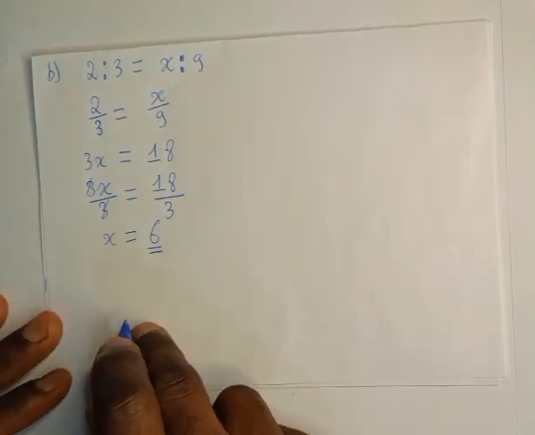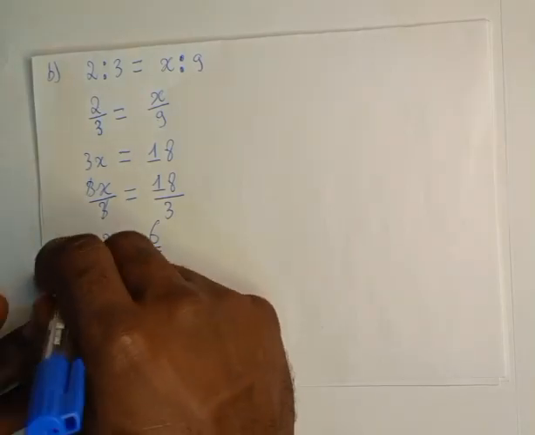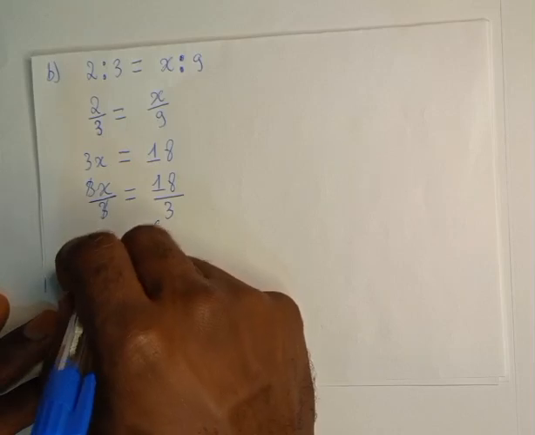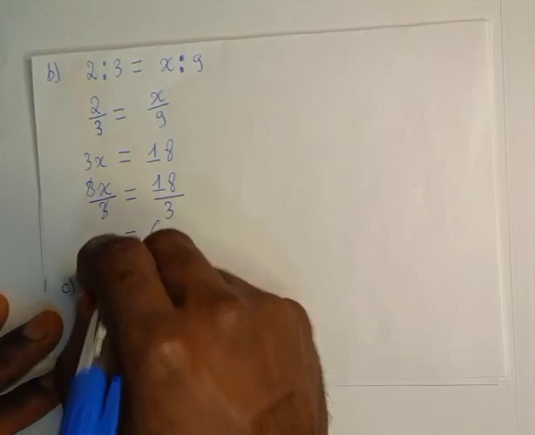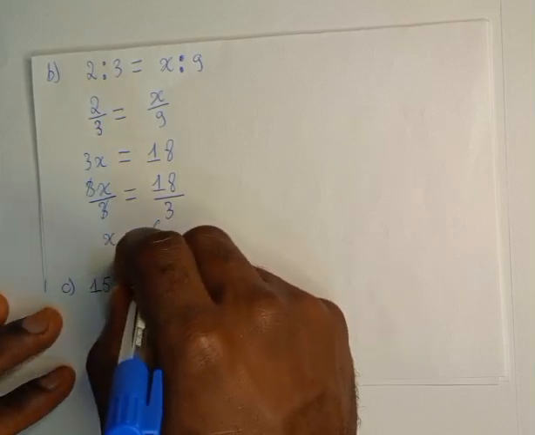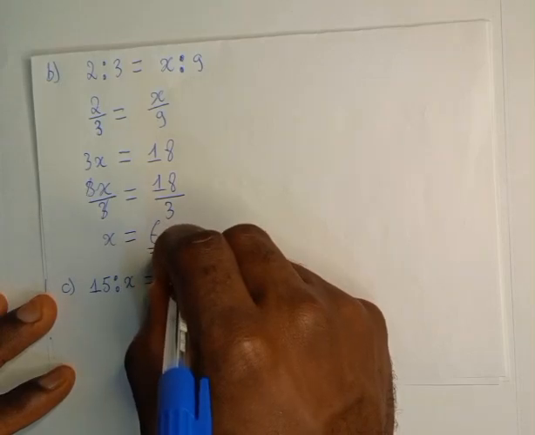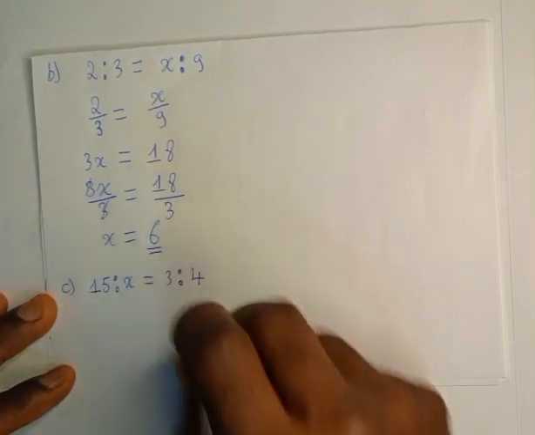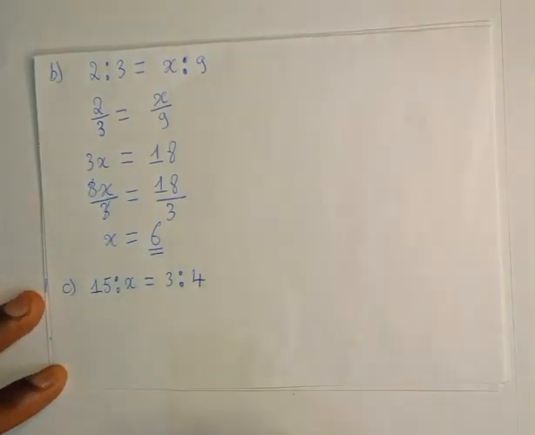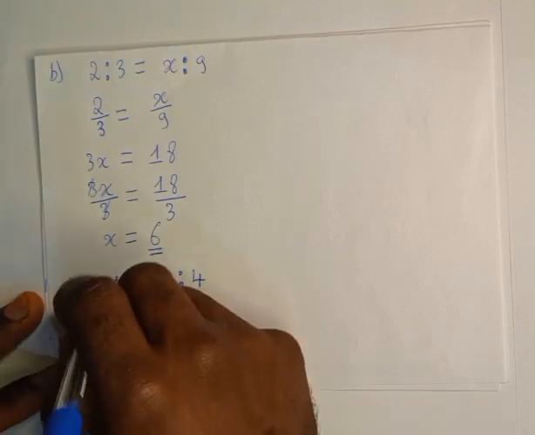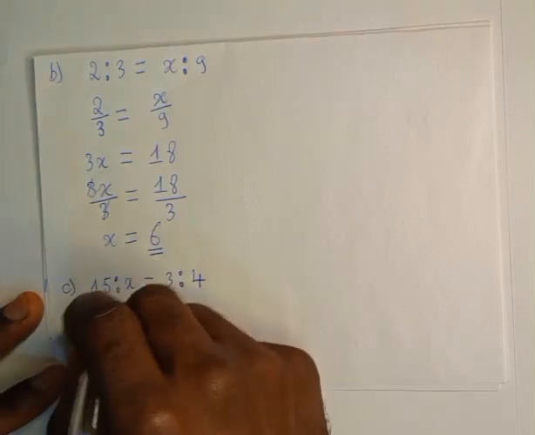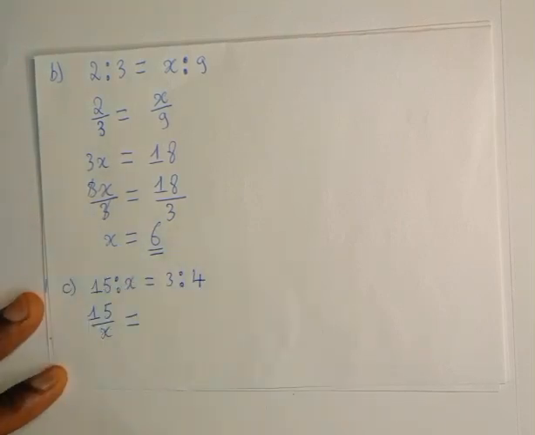We go now to question C. Question C, we have 15 is to x is equal to 3 is to 4. We're going to start by expressing the left hand side in the fractional form. 15 all over x. Put the equality sign.